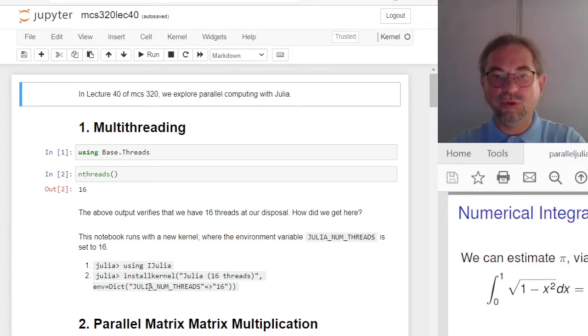So we define a new kernel that sets that environment variable. And then you can check whether it works. If you select that kernel, you can ask for the number of threads. If it didn't work, or by default in a normal Julia kernel, you will see that the number of threads equals 1. Okay, so that's the first important setup to make it all work.